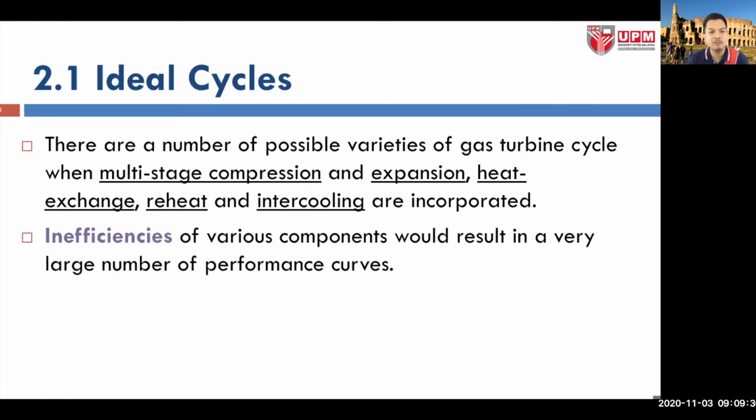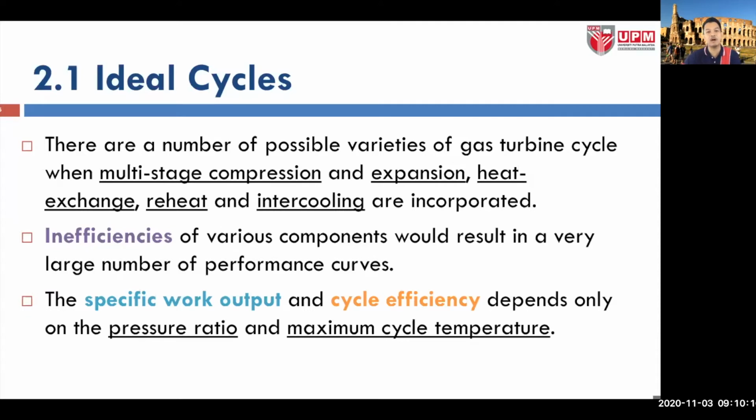We cannot run away from the inefficiencies. When we look into the performance of the gas turbine engine, we need to relook at the component efficiencies. So inefficiencies of various components would result in a very large number of performance curves. By having different components, different numbers of heat exchangers, intercooling or reheat, or multi-stage compression and expansion, you will generate different performance curves.